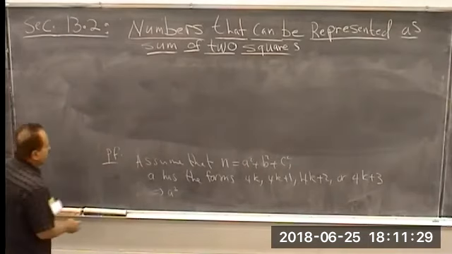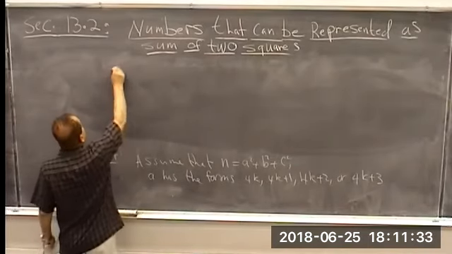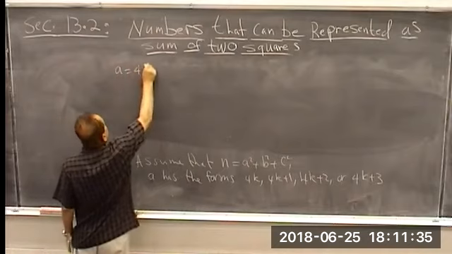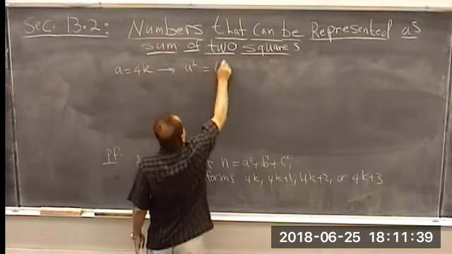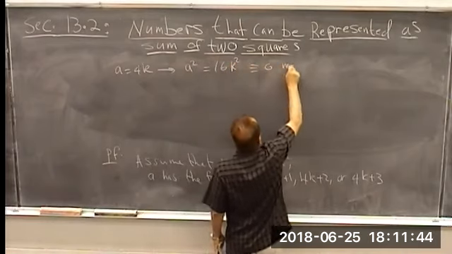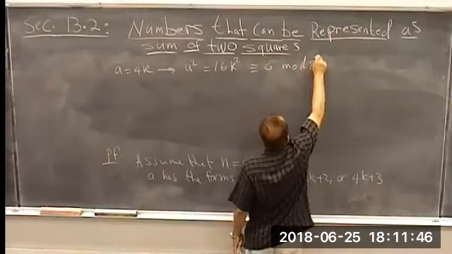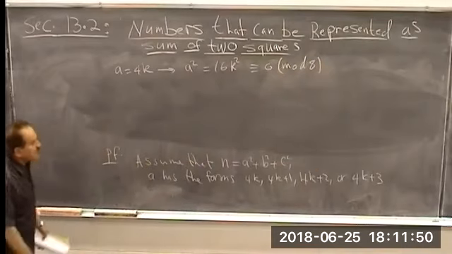So if A is of the form 8k plus 7, then A squared is going to be 16k squared, and this is congruent to 0 mod 8, because we're going to take this mod 8.